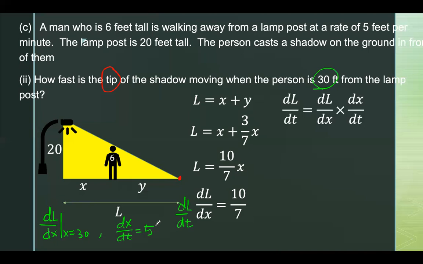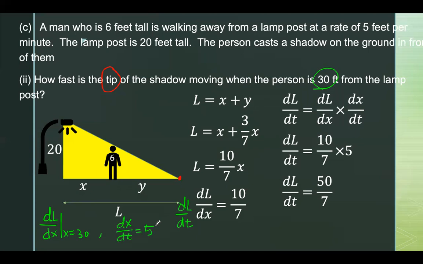Therefore, dL/dt equals dL/dx times dx/dt, which is 10 over 7 times 5. So we get 50 over 7, about 7.143 feet per second.